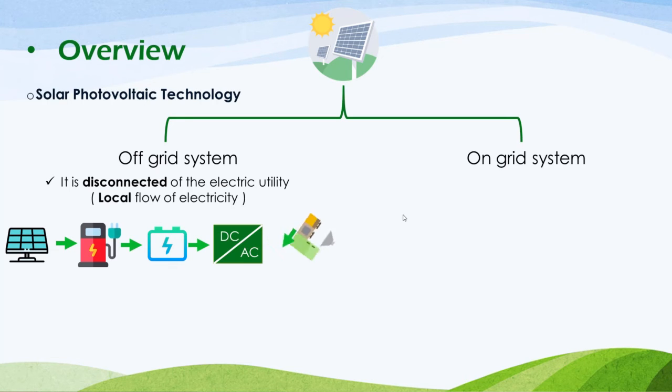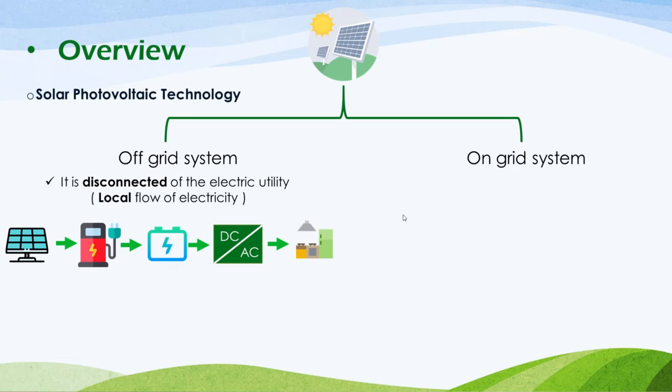Finally, this electricity is ready to be used in our photovoltaic solar system, and it's off-grid, as you see, because it's not connected to the main electric power supply or the main utility. The flow of electrical energy is local, only to supply your devices.